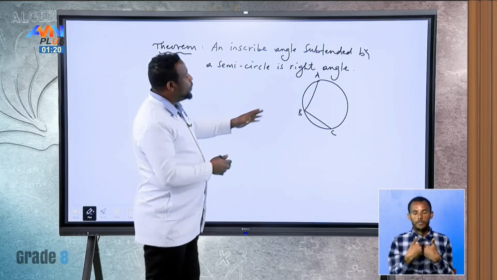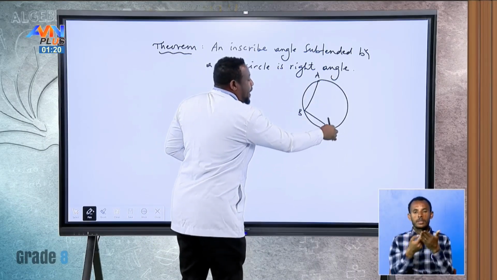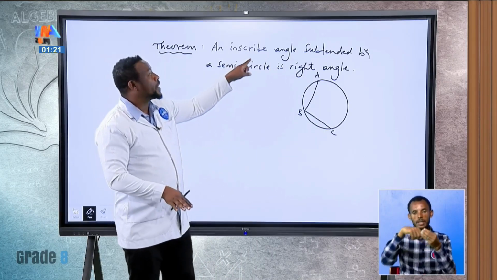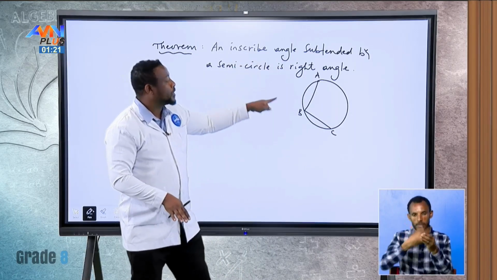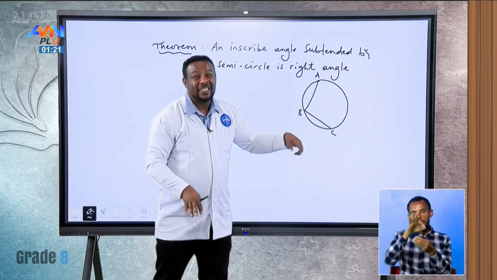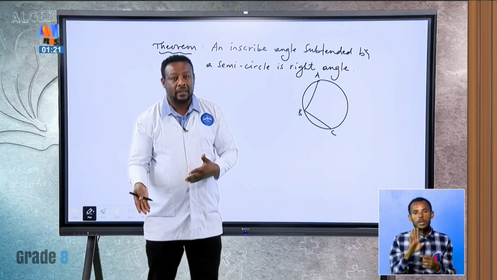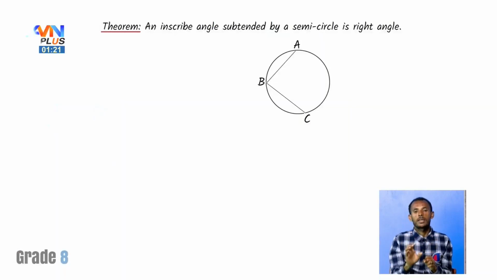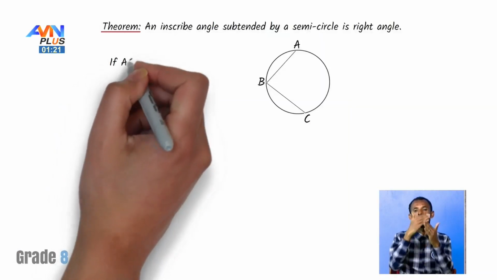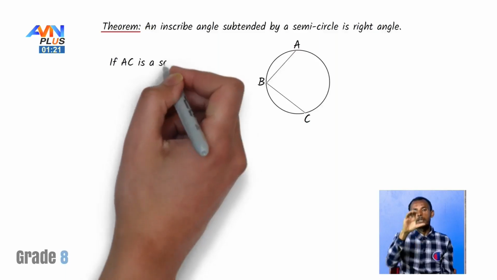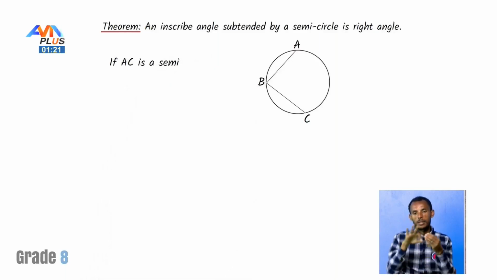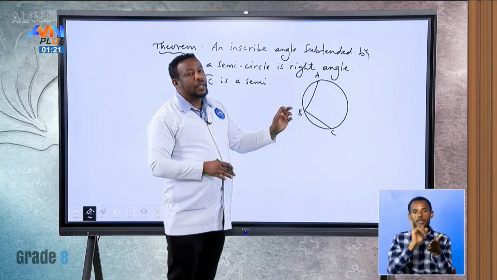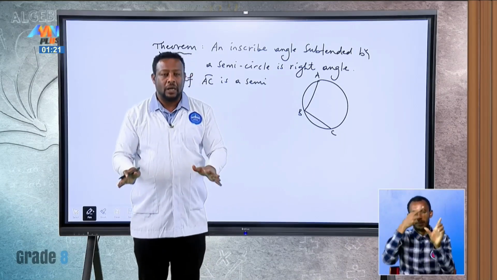So if this arc AC is a semicircle, because it says inscribed angle subtended by a semicircle, this angle should be subtended by a semicircle to be a right angle. Okay, so if arc AC is a semicircle, we can conclude that angle B is a right angle, right?